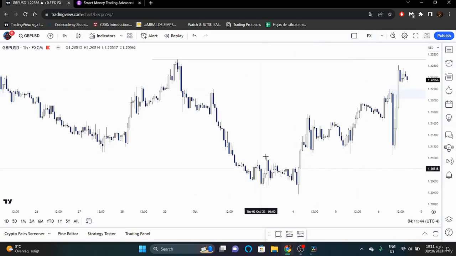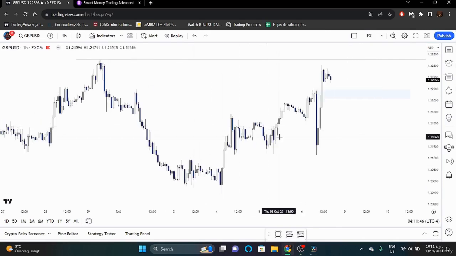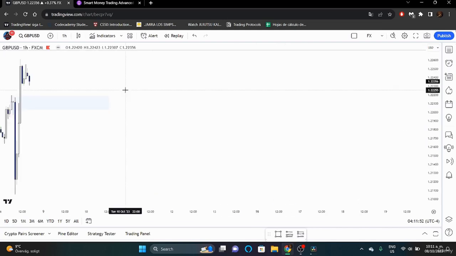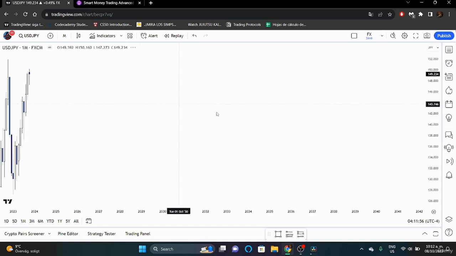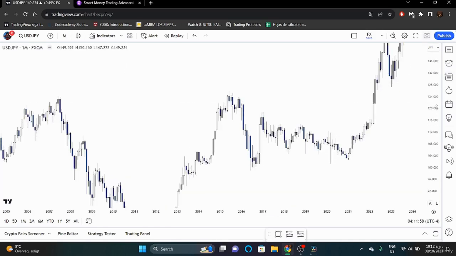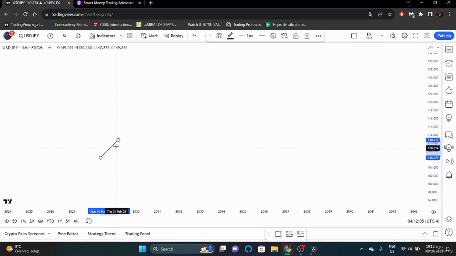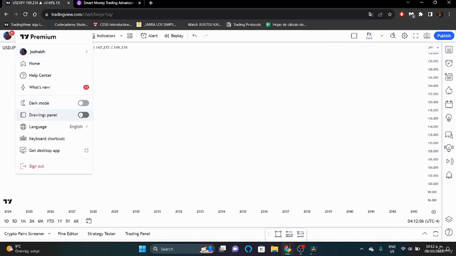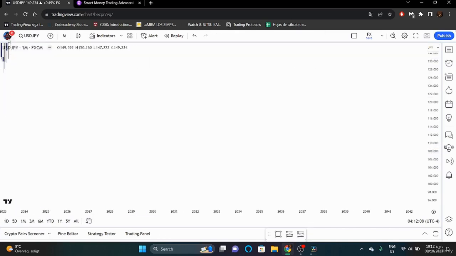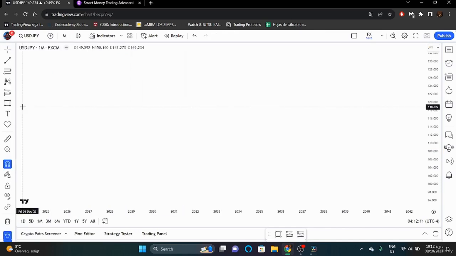Now we're going to be talking about my market maker sell or buy models. Market maker buy or sell models are basically, let's go to a blank chart. Let's go to a monthly. Let's reset it. Let's move this, and let's do this. Market maker buy or sell models.